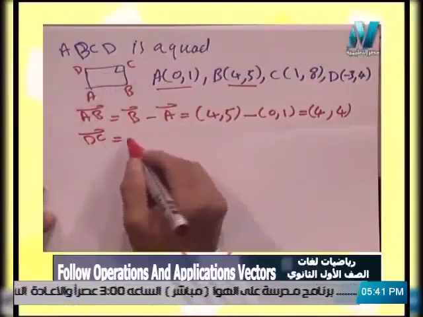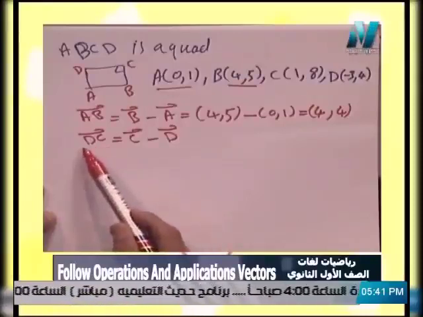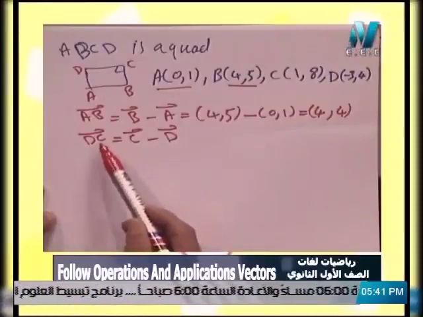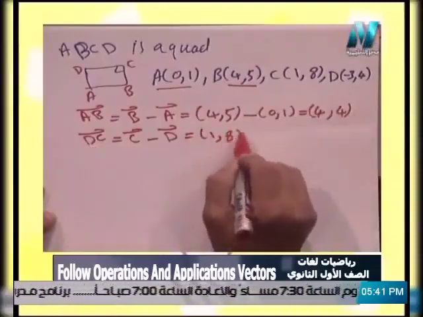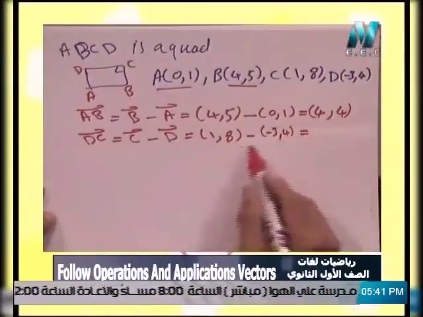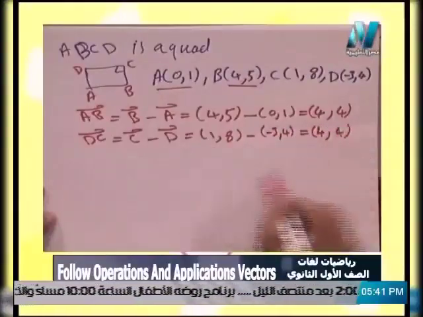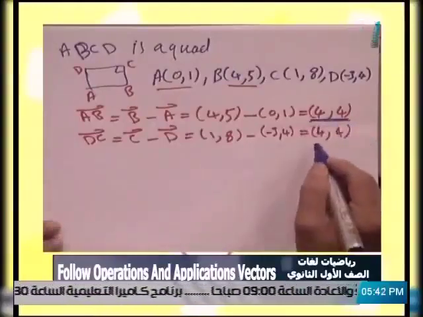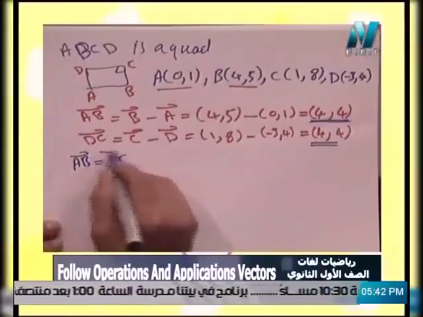The vector DC will be the vector C minus D. Pay attention about C minus D. We start from DC here, and when we make the subtraction, we start with C minus D. So C equals 1 and 8 minus D, which is -3 and 4. 1 minus -3 is 4, and 8 minus 4 also equals 4. And we have now AB 4 and 4, and also DC 4 and 4. So AB as a vector equals the vector DC.